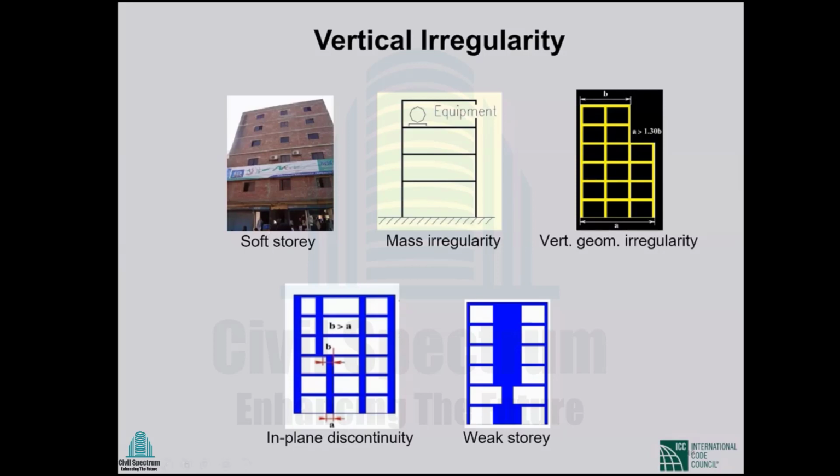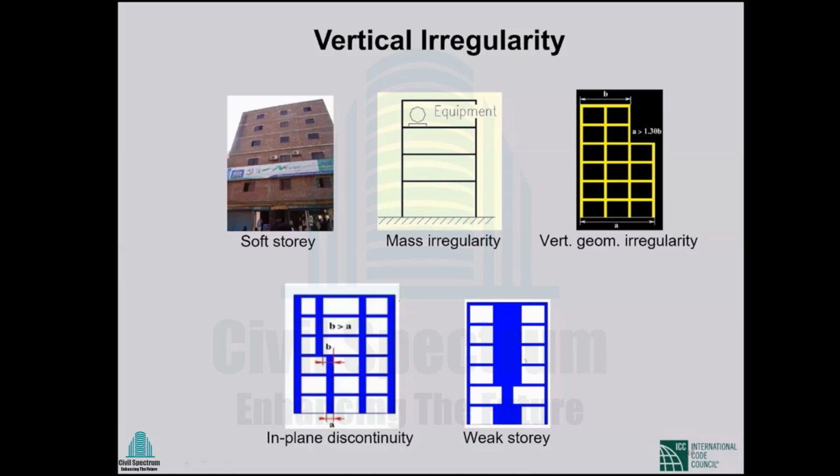So the absence of brick wall in one story makes it soft story, but it doesn't make it a weak story. But if we discontinue shear wall, or the section of a lateral load carrying member is reduced, that may cause a story to be weak story, because that reduces the strength of the story.